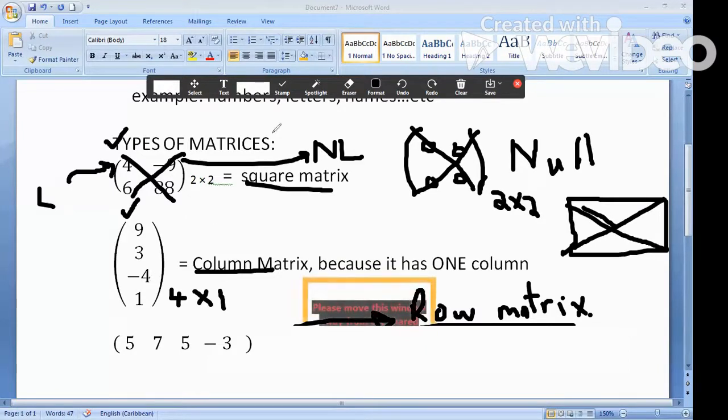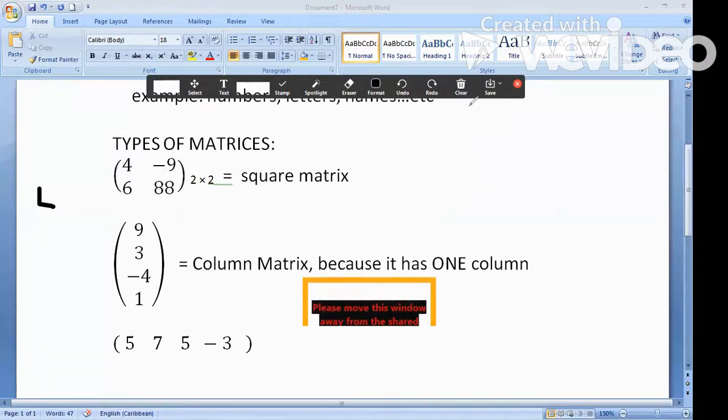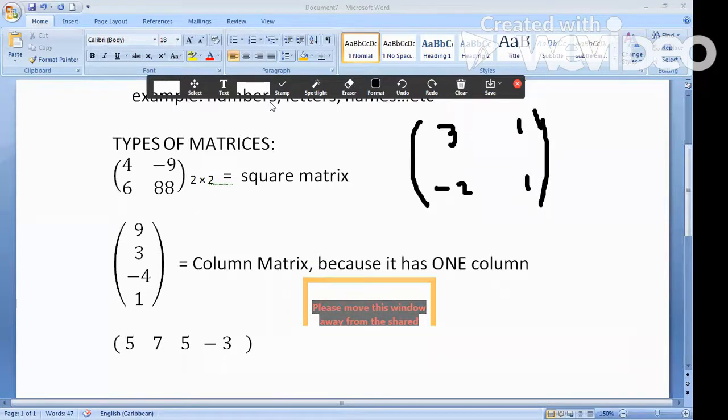All right, so let me clear all of this. Let us say we have this matrix here. Just like when you have a rectangle like this, if you were to draw some lines across it, those lines are called diagonals.